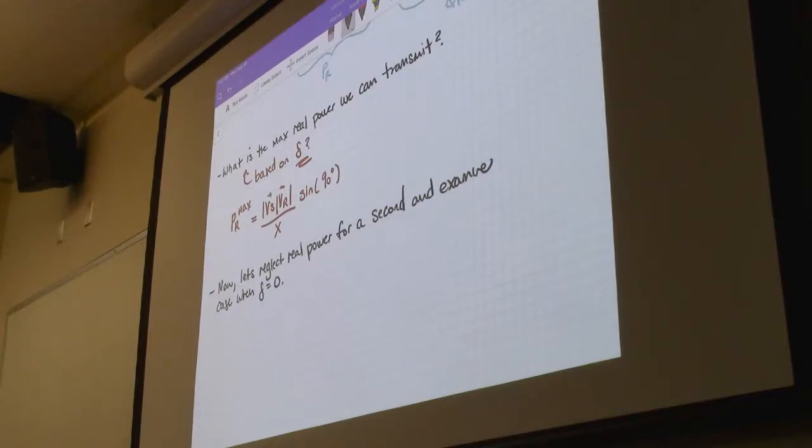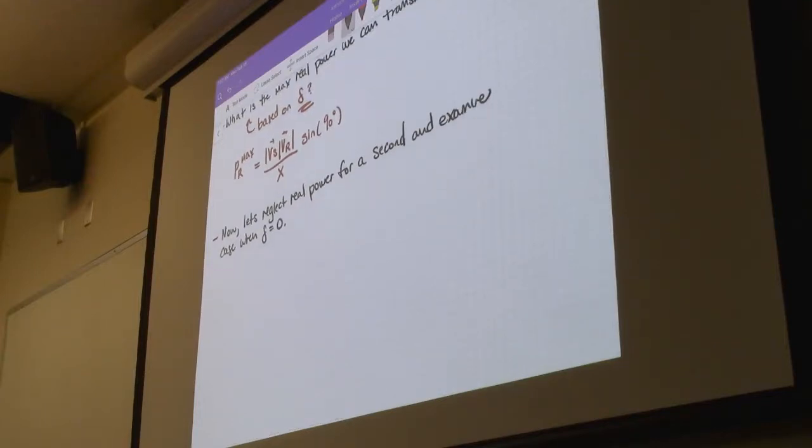Okay, so now what would our QR value be?